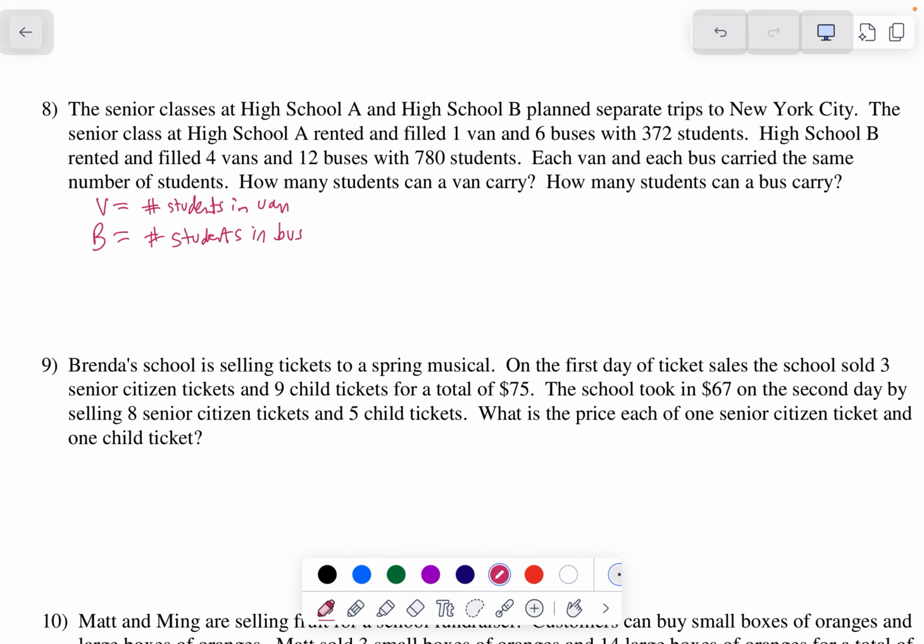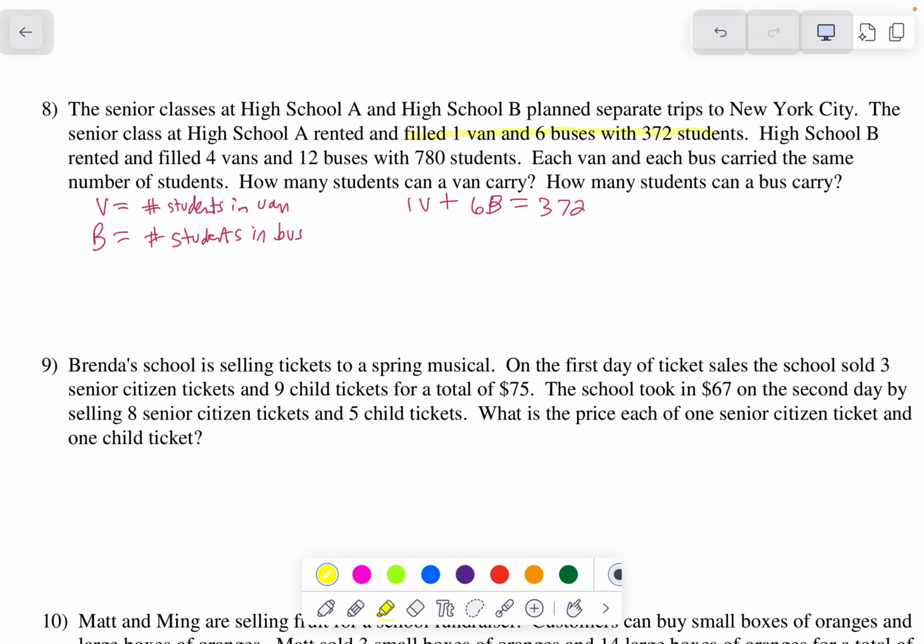That's our first step. And now we're going to set up the equation. First, let's use the information we found about high school A. They did 1 van and 6 buses for 372 students. So 1 van and 6 buses hold 372 students. So 1V plus 6B is 372.